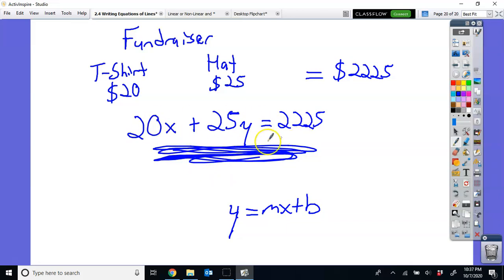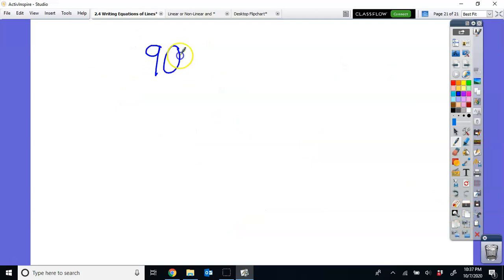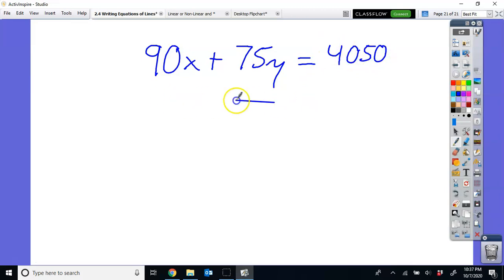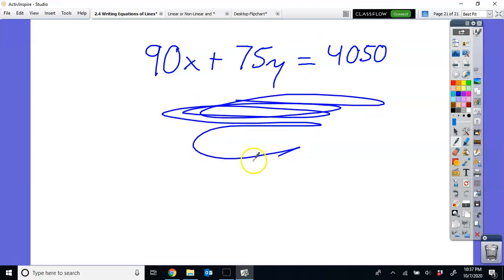But this one right here is also a fairly common example, especially in some of your basic fundraisers in high school, where you have a company that's selling two things. Mr. Harrison actually owns a gym that has $90 memberships and $75 memberships per month. And if I want it to be a certain amount of money every month, I've got a linear equation that gives me a way to figure out what X and Y could be.